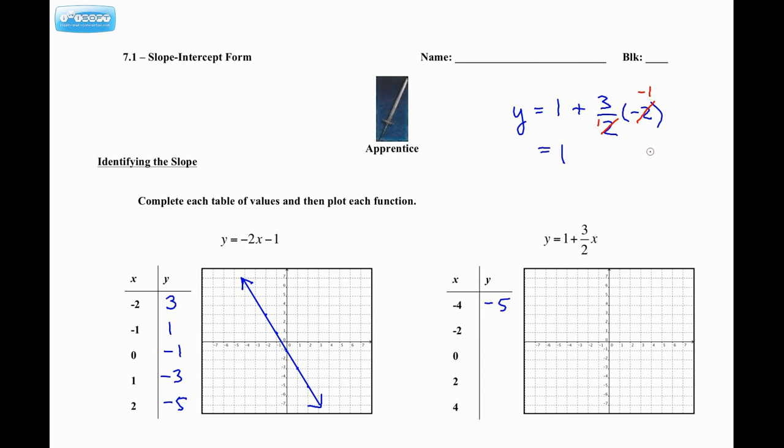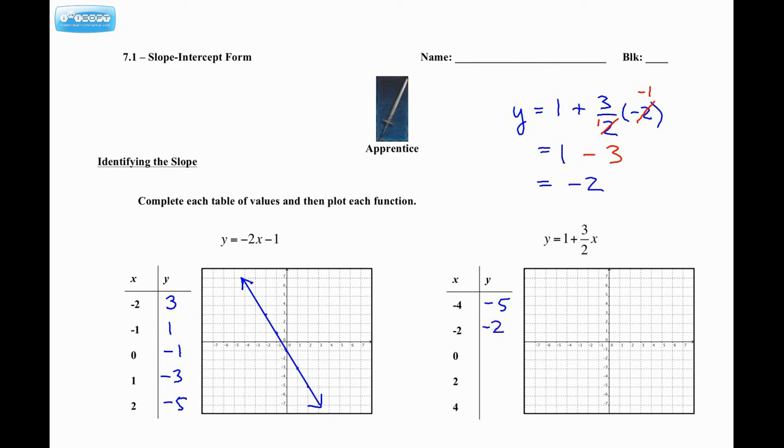You can write the invisible 1 under here if you want, but it doesn't do anything. So we have positive 3 times negative 1, that is negative 3, over 1, which again we don't need, so we just write negative 3. And we get negative 2. So there we go.